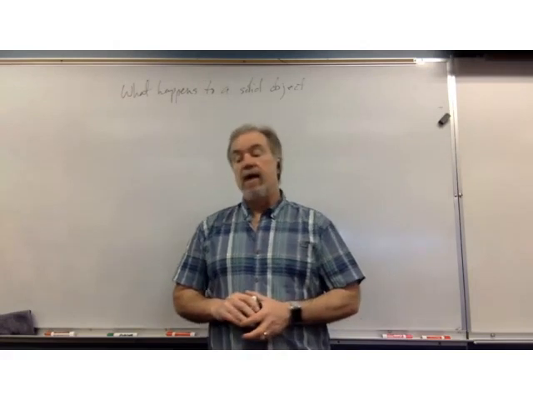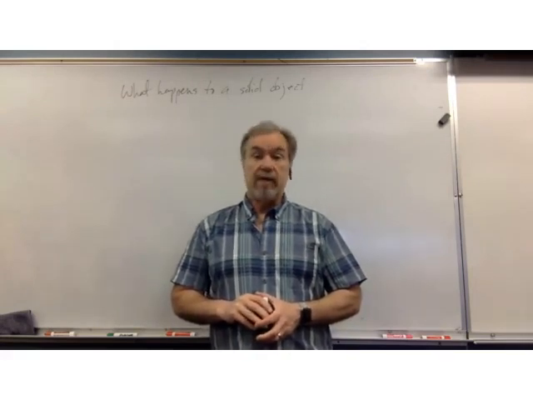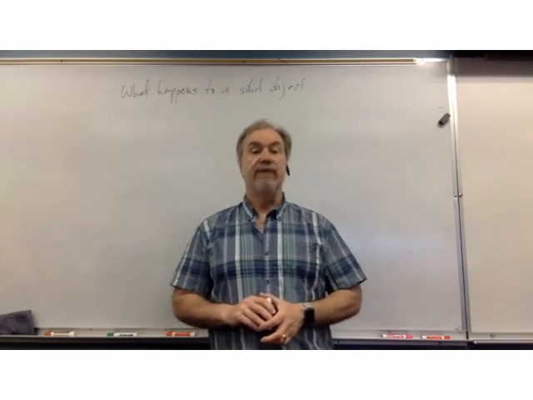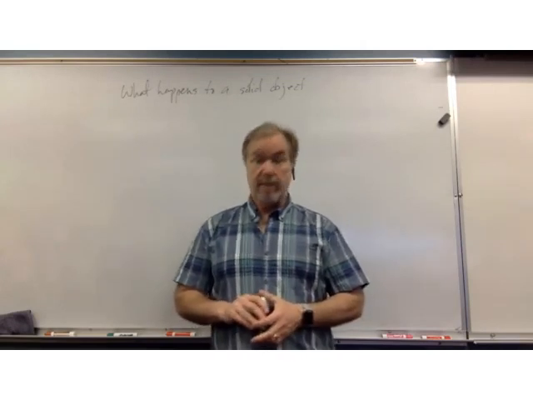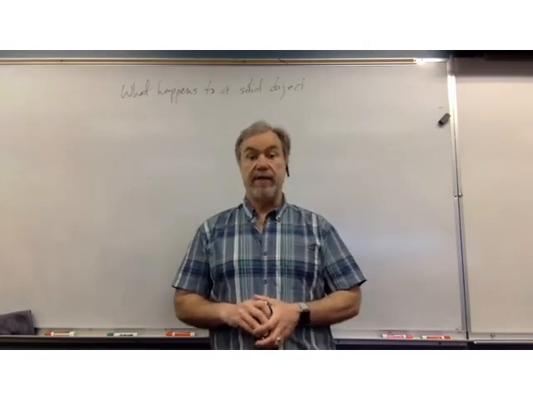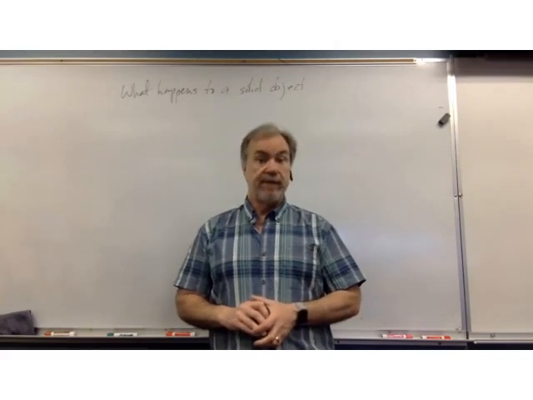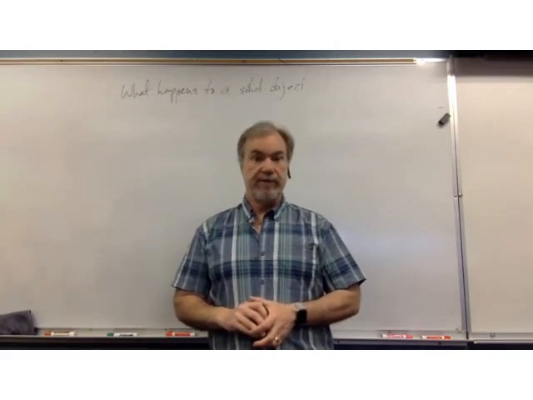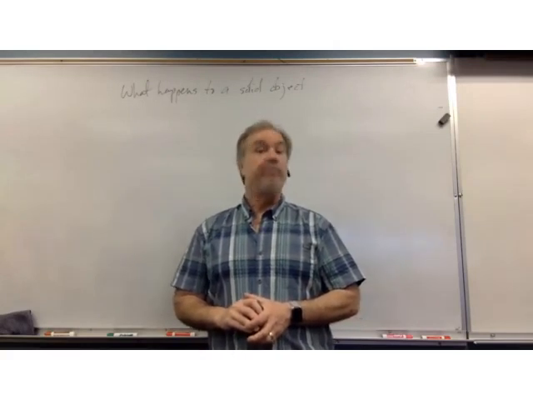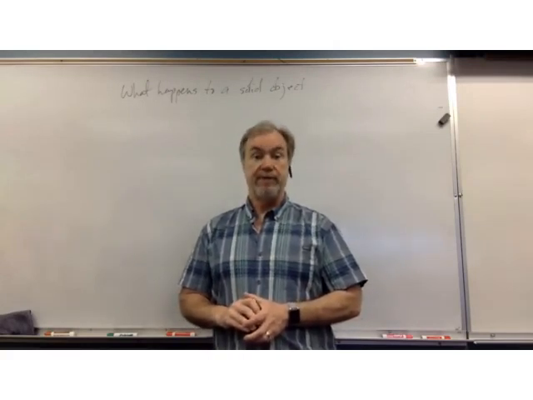A solid object is one where the particles that make up your solid object have positions that are fixed relative to the positions of the other particles of the object, and those positions on average do not change as the center of mass of the object changes position.